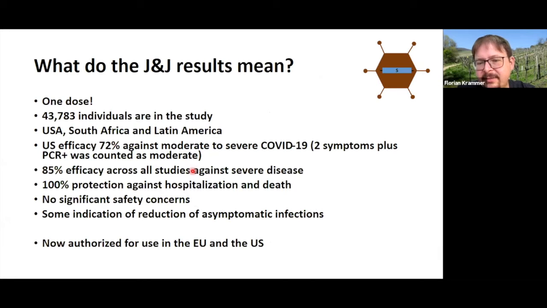So what they had as definition was 2 symptoms plus a positive PCR. And so that's actually not that much difference to what Pfizer had, because if you have one symptom or 2 symptoms, the symptoms are a sore throat, for example, or having a slightly elevated temperature. They saw 85% efficacy across all studies against severe disease and 100% protection against hospitalization and death.